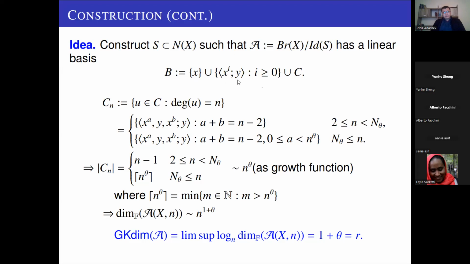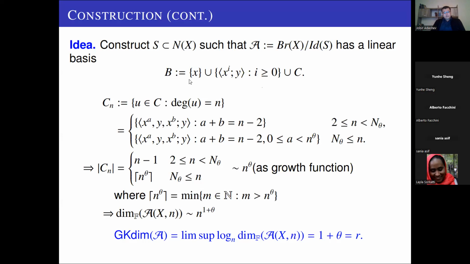Here, in the special place we have y, and the other places are all x. If i is 0, we just get y. So both x and y are in B. And also C. So here B is the union of three parts.